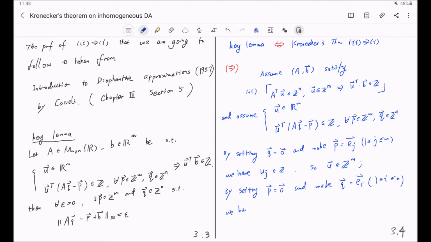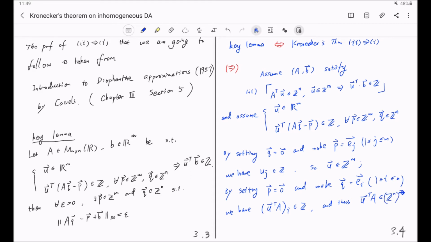We have the ith component of u transpose A is in Z for any i from 1 to n, and thus u transpose A is in Zn transpose.